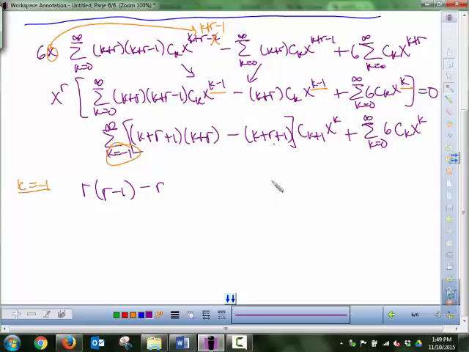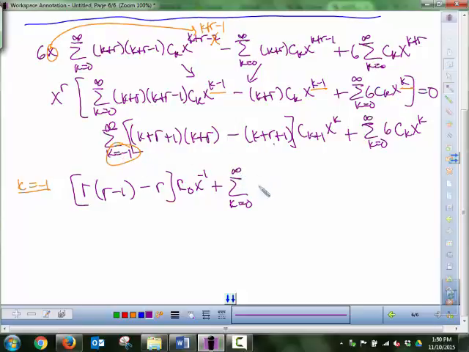Is that right? So that's this business in here, c sub 0 when k is equal to -1 and x to the -1 power. And then once I get rid of that one term, then everything can start from 0.